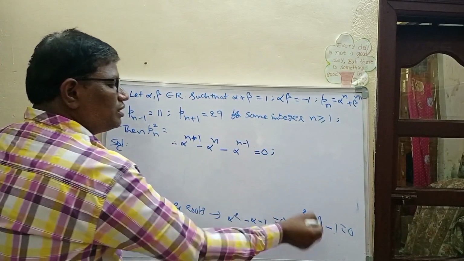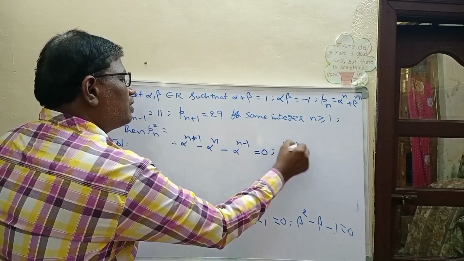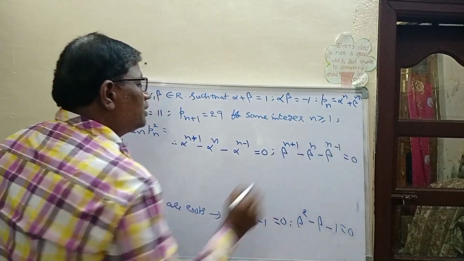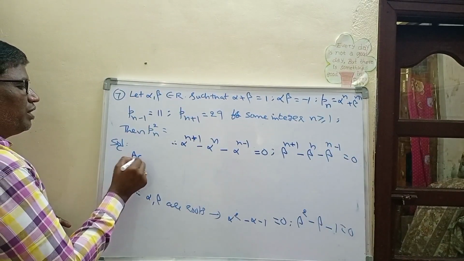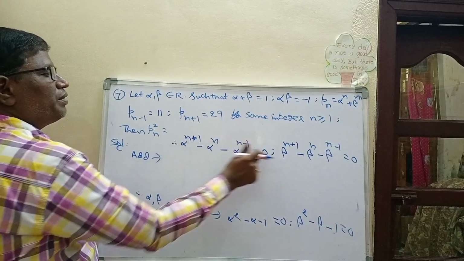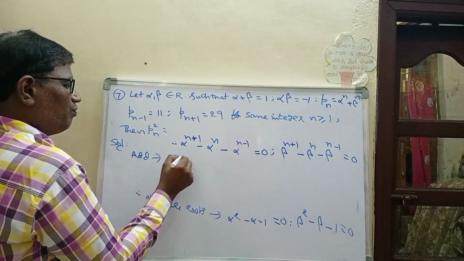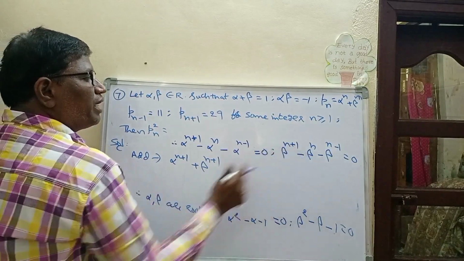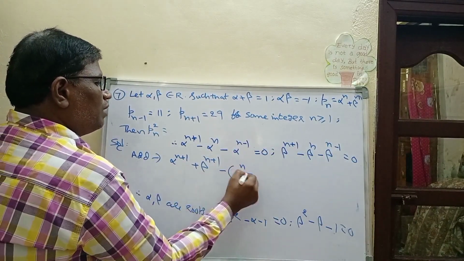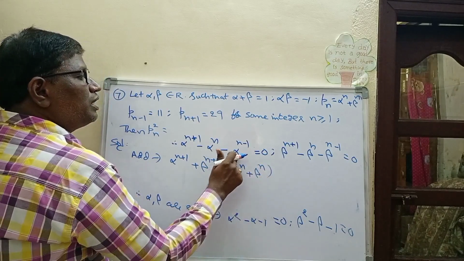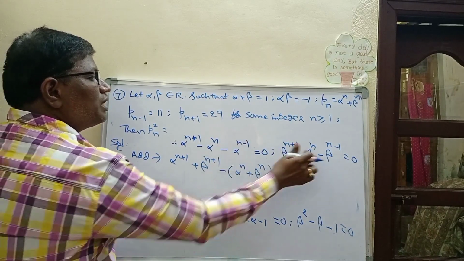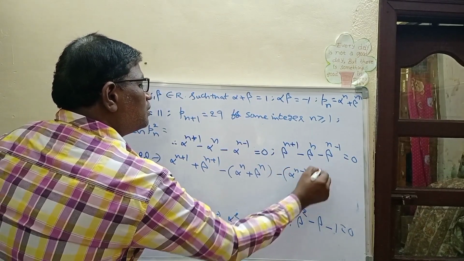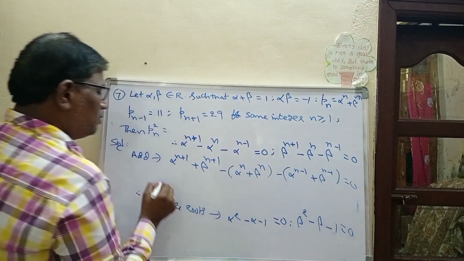Similarly for the beta equation, beta power n plus 1 minus beta power n minus beta power n minus 1 is 0. So adding these two equations, alpha power n plus 1 plus beta power n plus 1, minus alpha power n plus beta power n, minus alpha power n minus 1 plus beta power n minus 1, is equal to 0.